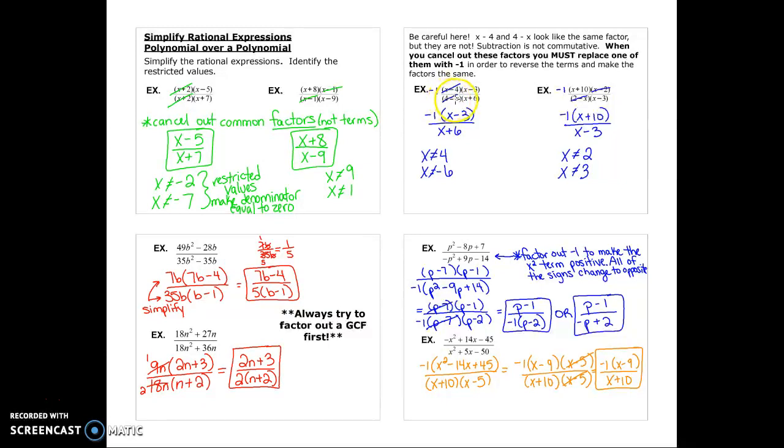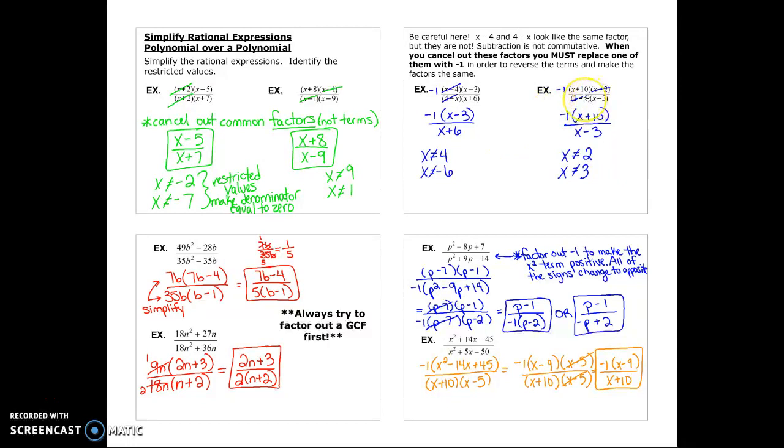Well, 4 minus 4 would give you a 0 for this set, so x is not allowed to equal 4. Negative 6 plus 6 would give you a 0 there, so x is not allowed to equal a negative 6. Remember, restricted values, you have to go back to the beginning and imagine the piece that you crossed off still being there. Okay, it's not anymore, but for restricted values, you have to pretend that it is.